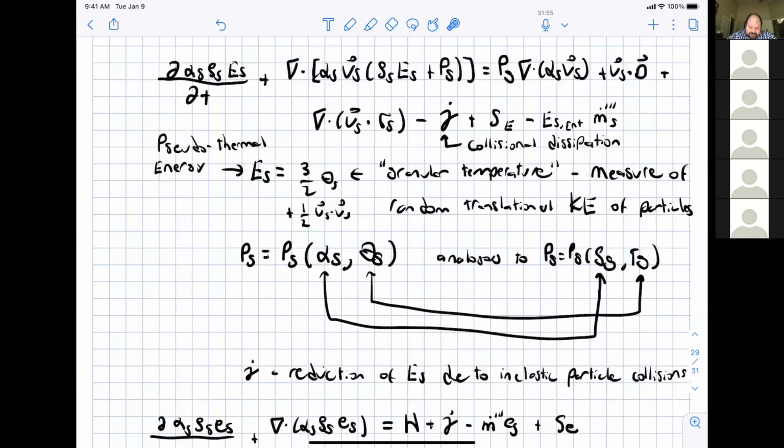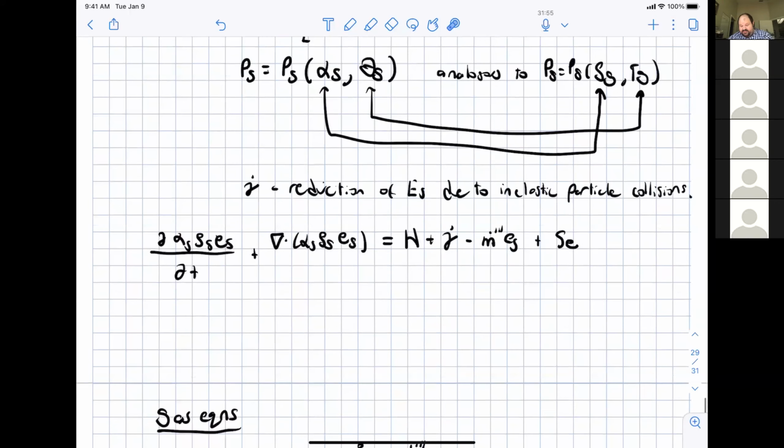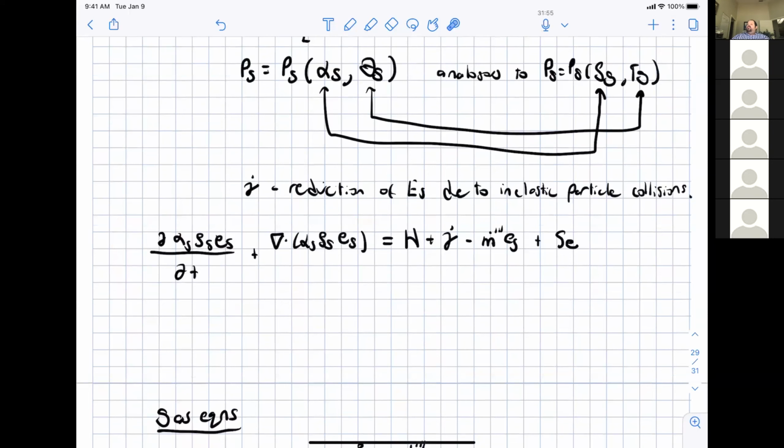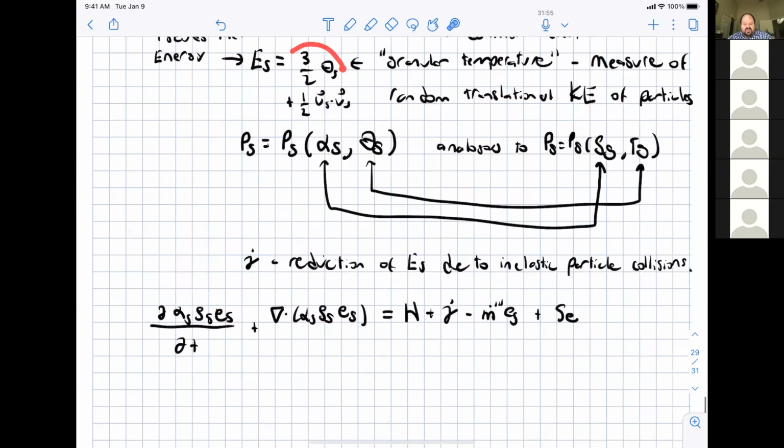Okay, and then finally there is a transport equation for the normal internal energy of the flow that has convective heat transfer. This is where, if two particles collide and you reduce the random translational kinetic energy of the particles, that energy has to go somewhere, and it goes into heating the particles.